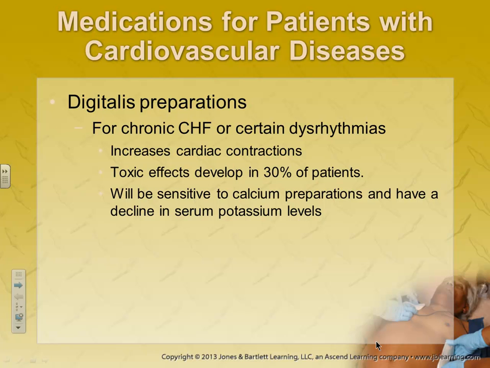So this first drug, digitalis preparations, more commonly known as DIG. You'll hear it as DIG. Digitalis is a medication that a chronic CHFer will take. It's also a medication that people with atrial fibrillation, a dysrhythmia, will take.